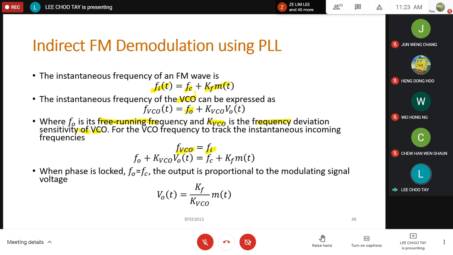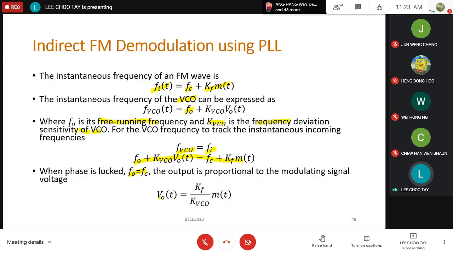So if we replace the expression for f_VCO and f_in, then we're going to get this equation. When the phase is locked, that means f_0 is the same as f_c.